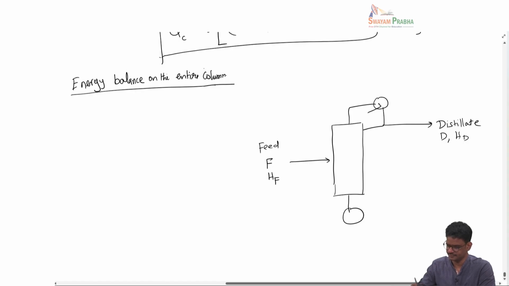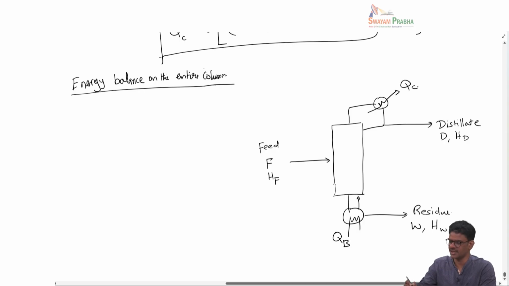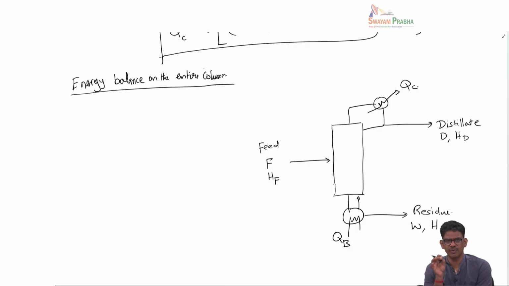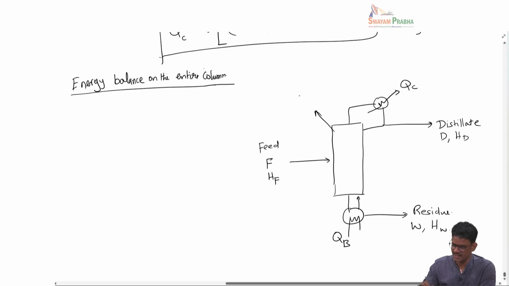You have a reboiler here and the residue here, with HW. The heat supplied to the reboiler is QB and the heat removed in the condenser is QC. So the entire column is now shown schematically, paying attention only to things that are coming in and going out. Heat loss also is there, yes. We will say that is QL. This is heat loss.